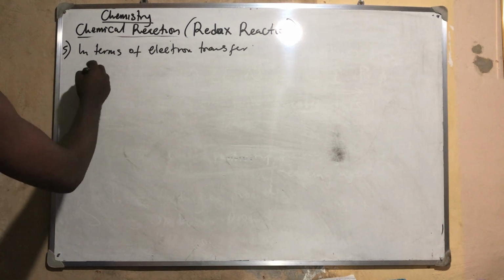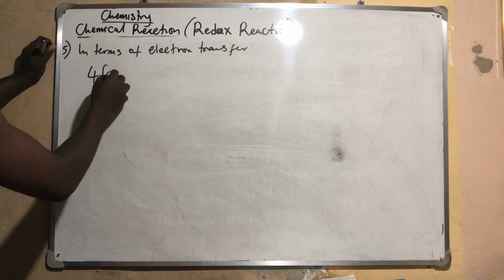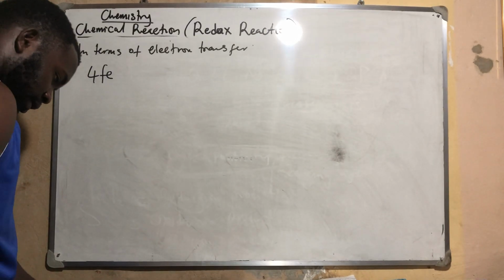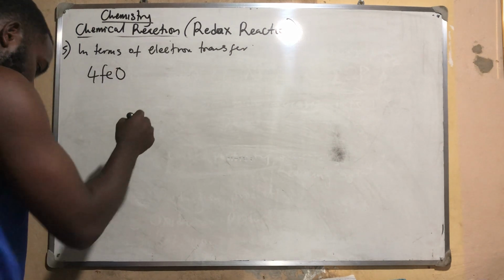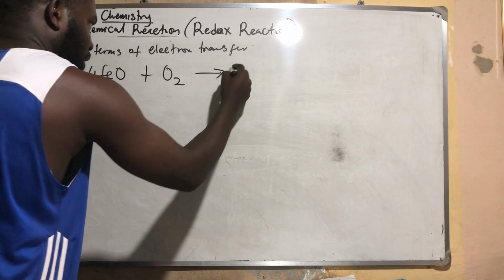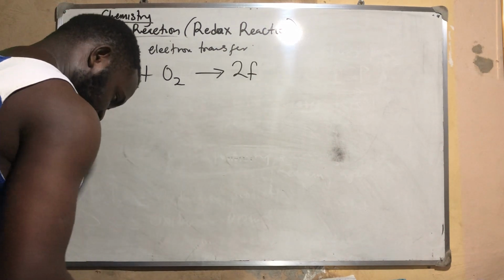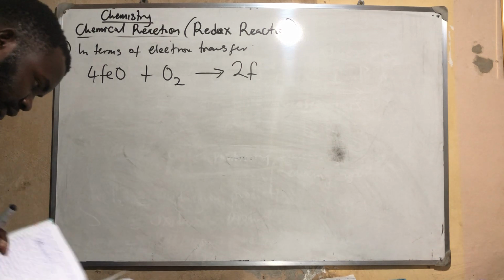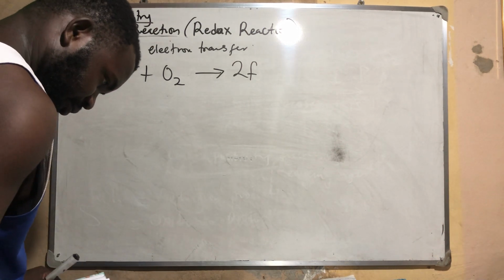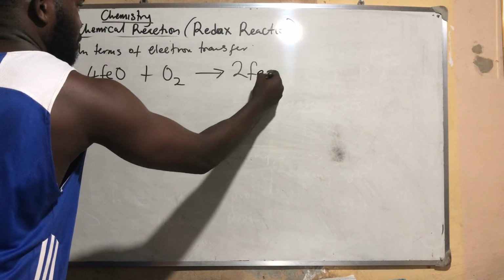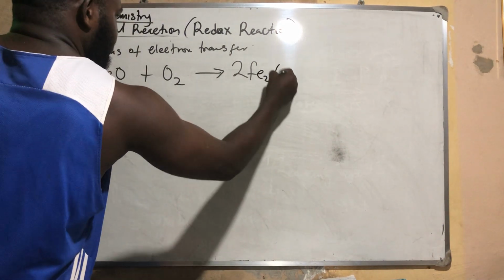So I have this. They said that 4FeO plus O2 gives us 2Fe2O3.